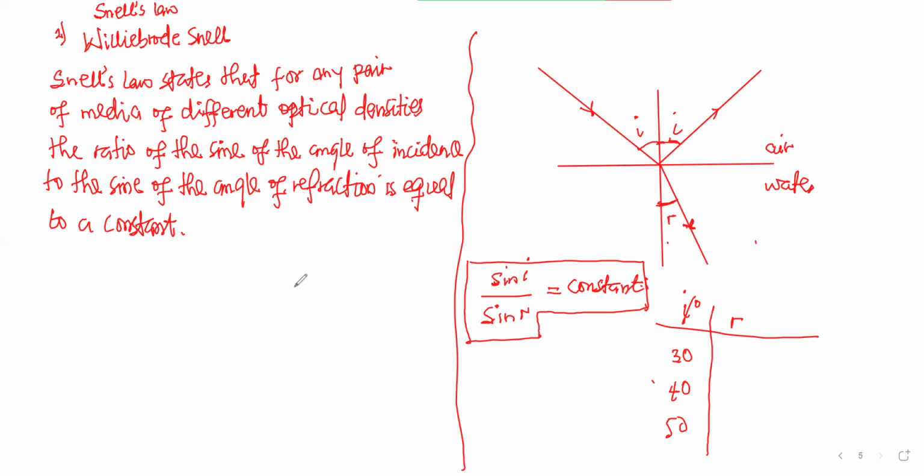Let's assume the R value for an angle of incidence of 30 is 23, this is 21, 19. I'm just assuming values. All that Snell is saying is that whenever we take the ratio of sine I to sine R, if this ratio gives us maybe 1.2, this ratio must also give us a value close to 1.2.